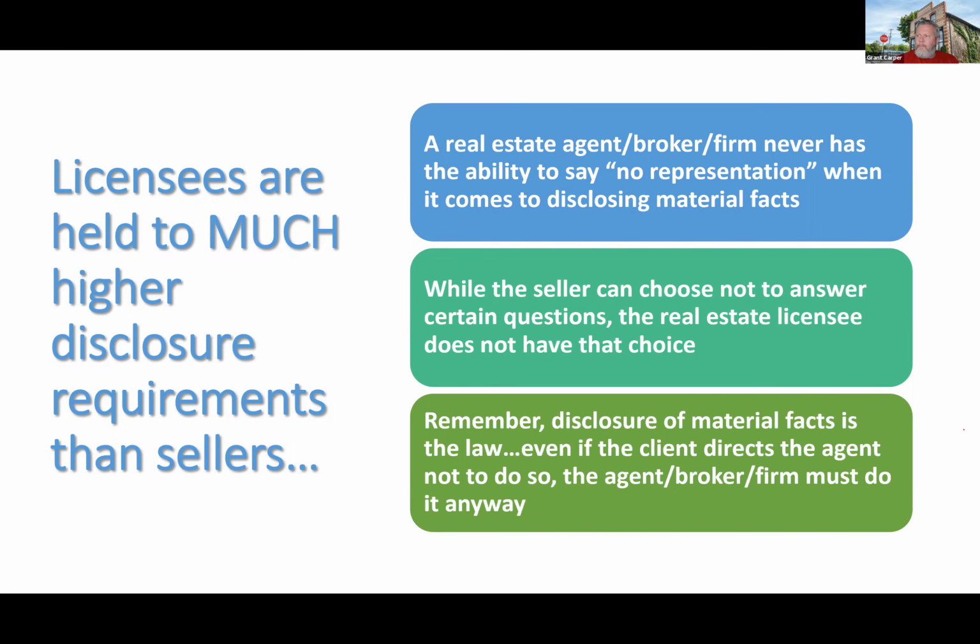Yes. But is it possible for us to choose not to disclose that the roof leaks? No. Even if the seller is our client, even if the seller tells us, don't you dare tell anybody that the roof leaks, we don't have a choice because that is defined as a material fact.